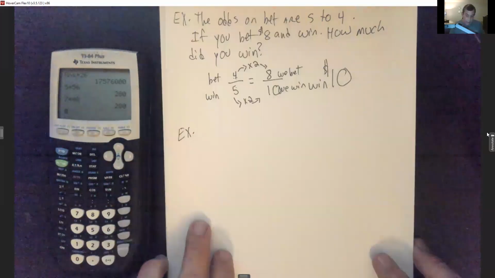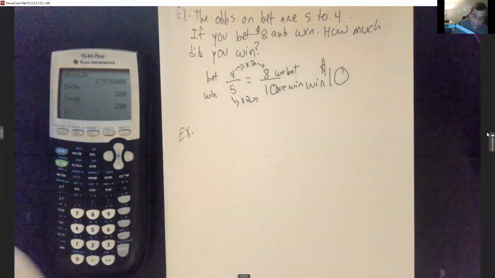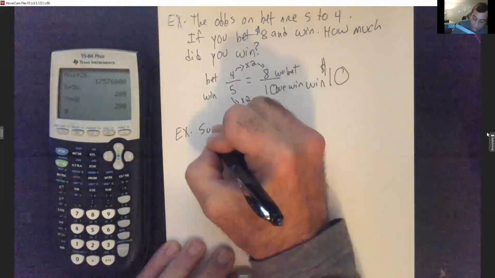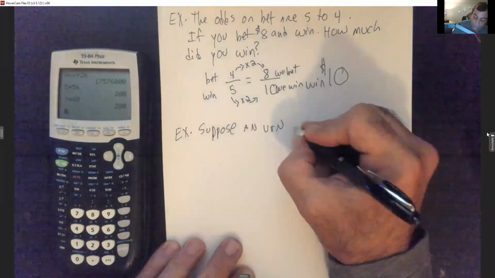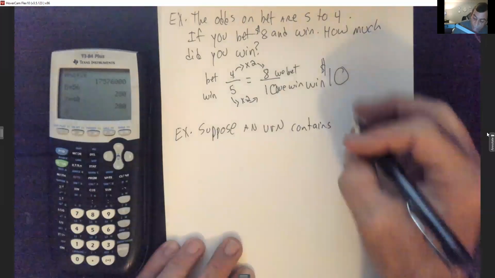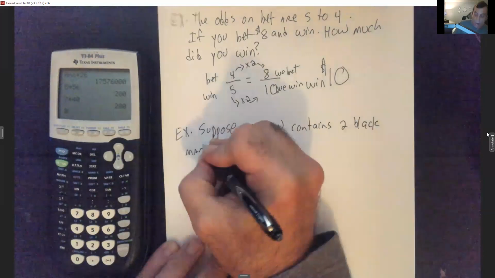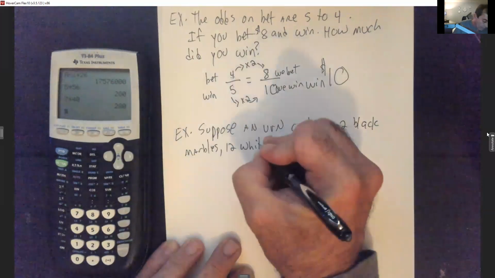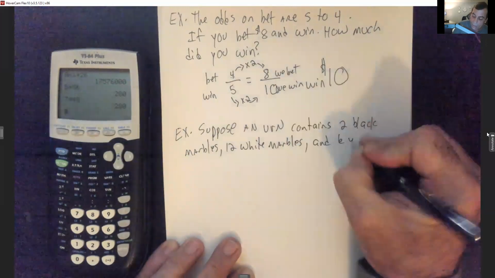All right, so changing the tune up again, just to get y'all good on probabilities. Suppose an urn contains 2 black marbles, 12 white marbles, and 6 yellow marbles.